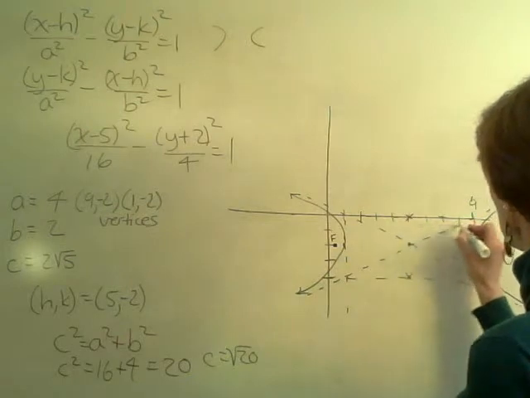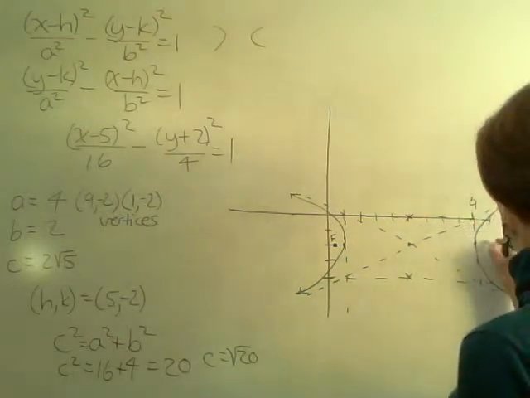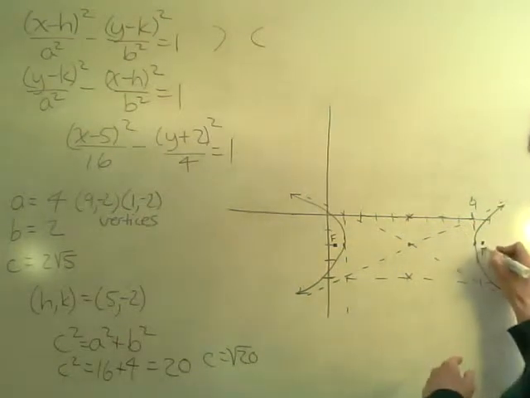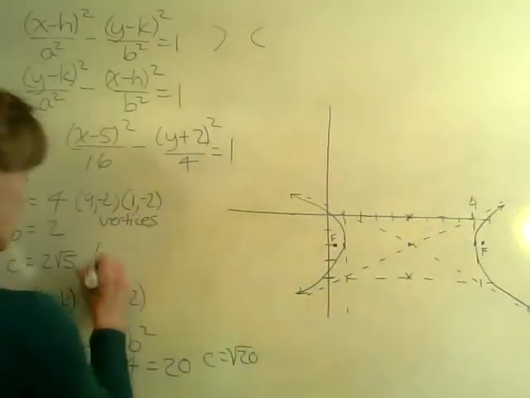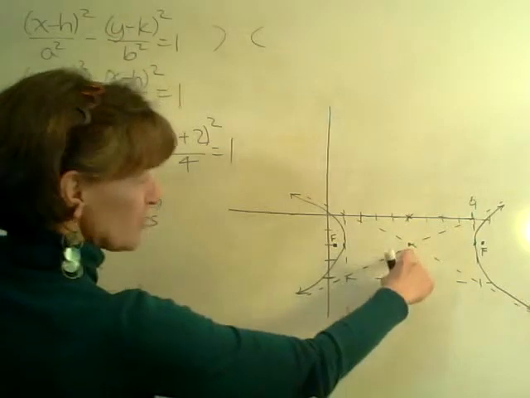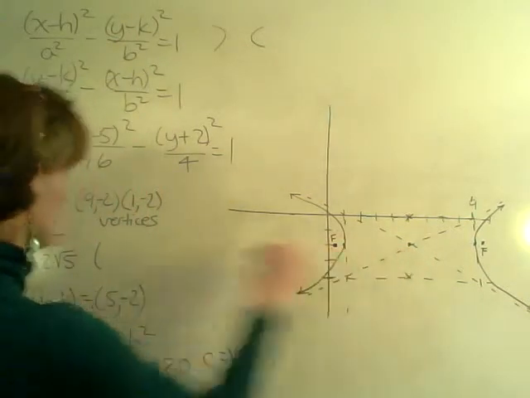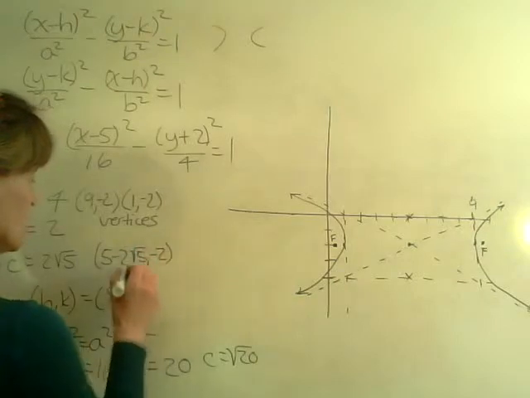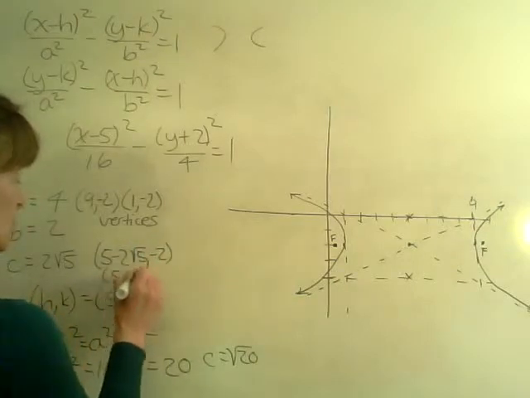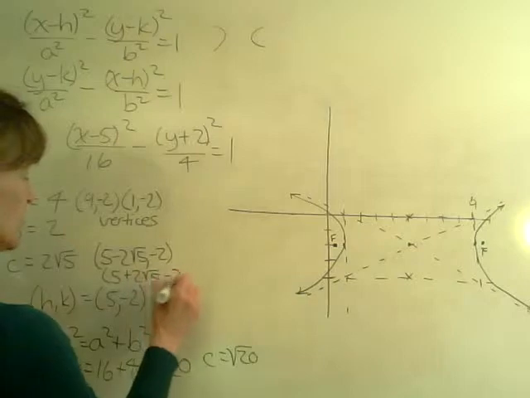And 1, 2, 3, 4.5 gives me a focus here. All right, so here's my center at 5, so the foci are at 5 minus 2 square root of 5, negative 2, and then 5 plus 2 square root of 5, negative 2.